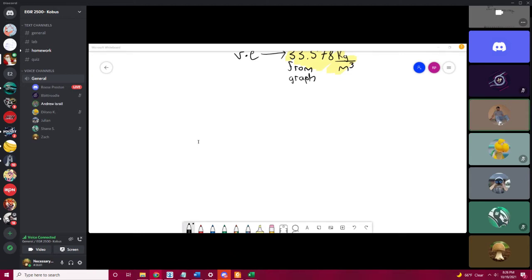Isn't the heat coming out from the turbine? So shouldn't that be negative? But we also have shaft work, and shaft work we have to use from part B. Oh, I have the mass flow rate from part B.